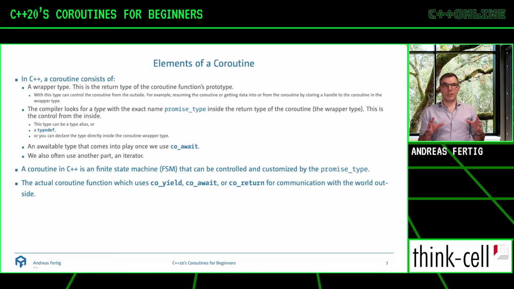I touched on that earlier. In C++, a coroutine is a finite state machine. We can control this finite state machine by configuring or customizing the promise type. So this is our way to adjust the coroutine to the behavior we want. That also means there is not the one coroutine, as a lot of us want, as I said, to play around with, get started with, have an early entrance.